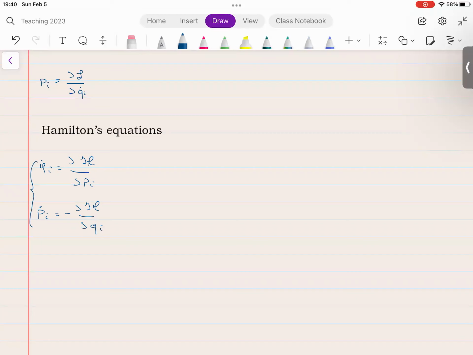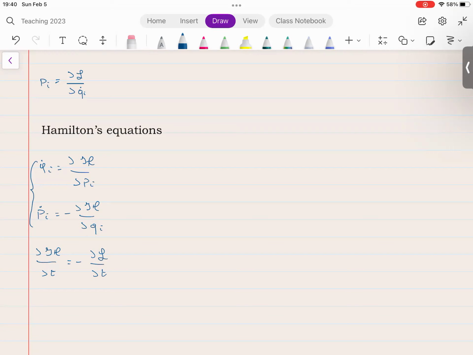And also, you'll know that the total time derivative of the Hamiltonian is equal to minus the partial time derivative of the Lagrangian. Okay, things you already know.